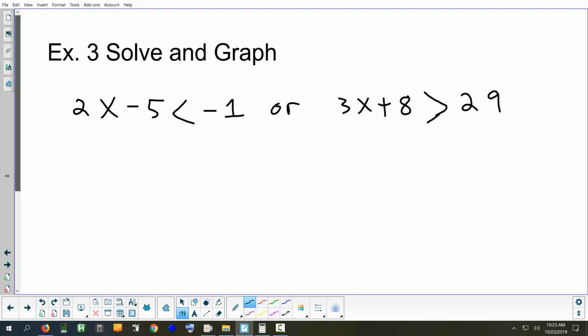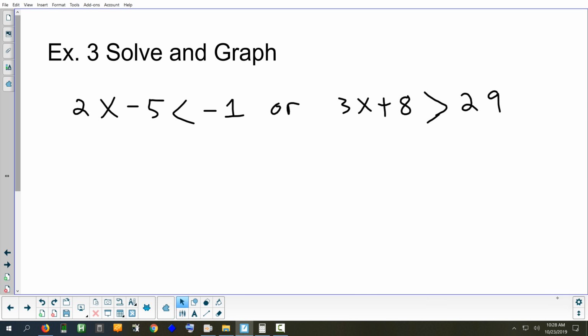Solve what's on the left. Solve what's on the right. And then remember, when you do an or, it usually points in opposite directions. It's not in the middle. That's an and. I'll give you guys like 3 minutes, and then we'll look at that.